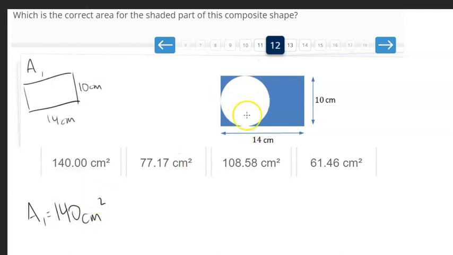Now, the circle part here, it doesn't necessarily show you the radius specifically within the circle. But what we do know is that if the width of the circle, which is also consistent here, is 10 centimeters, then the radius, which we need for our formula, must be half of 10, which is 5. And so area 2, which is the internal circle with a radius of 5.